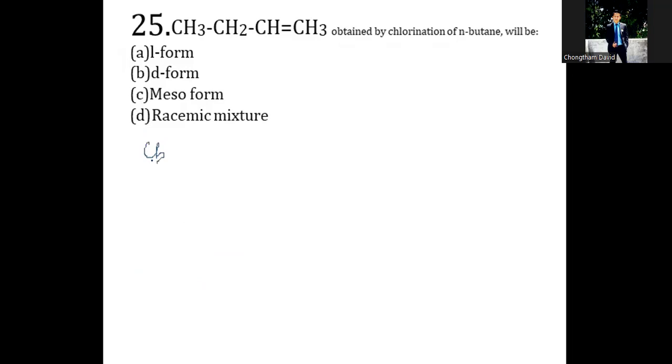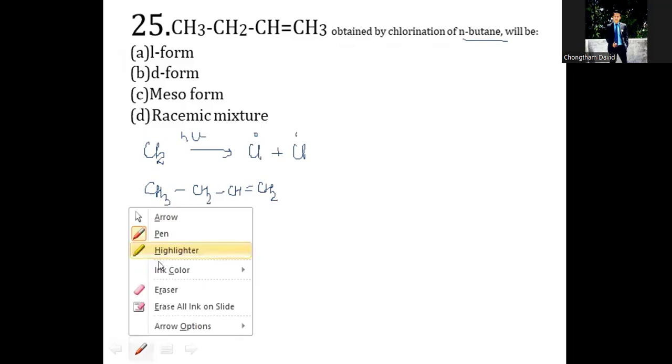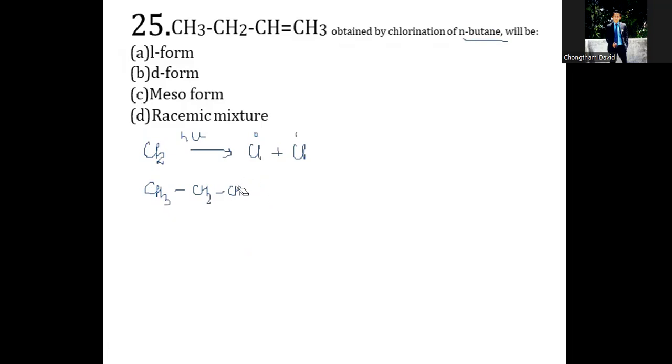If you undergo homolysis on a chlorine molecule in the presence of light, you will have two chlorine free radicals. Now this will act on the substrate, that is butane, no, not butene, normal butane.